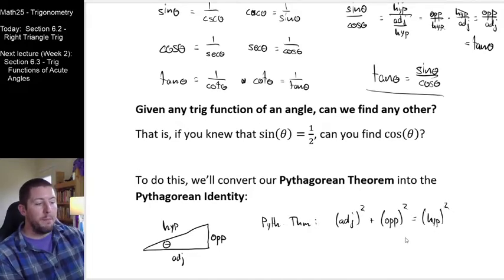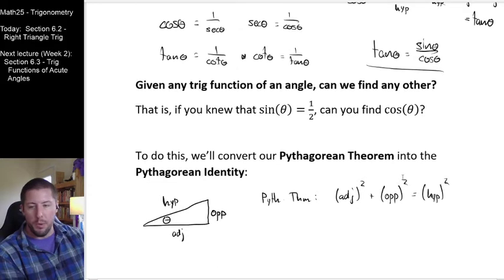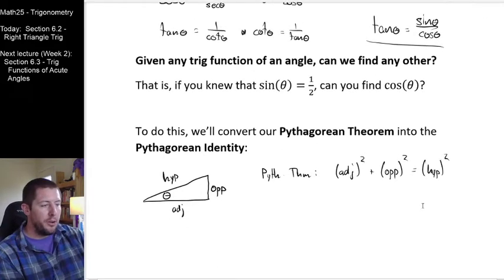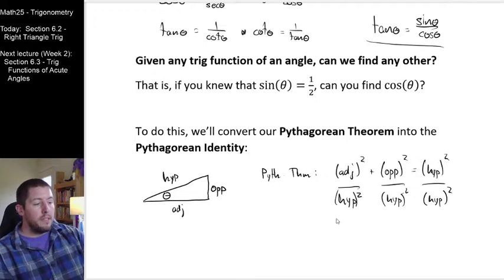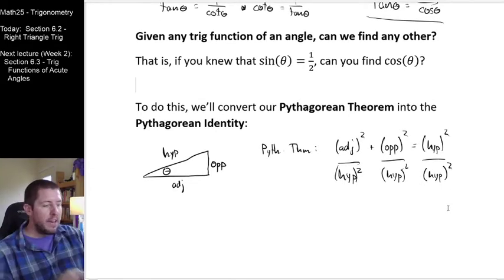So I'm going to do a little bit of algebra with this expression right here. I'm going to divide everything by hypotenuse, or excuse me, by hypotenuse squared. What we can see now is that this is a number squared divided by a number squared, so algebraically, it's acceptable for me to factor out that squaring.